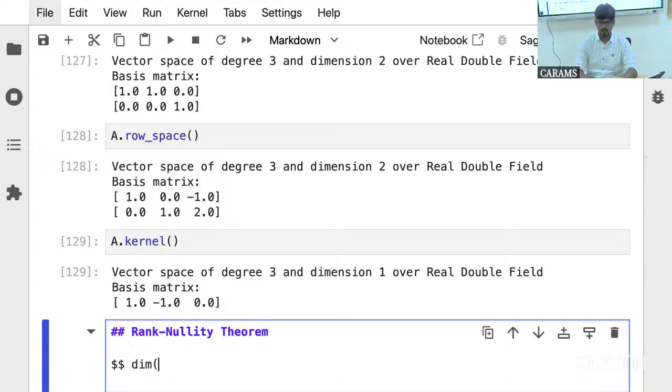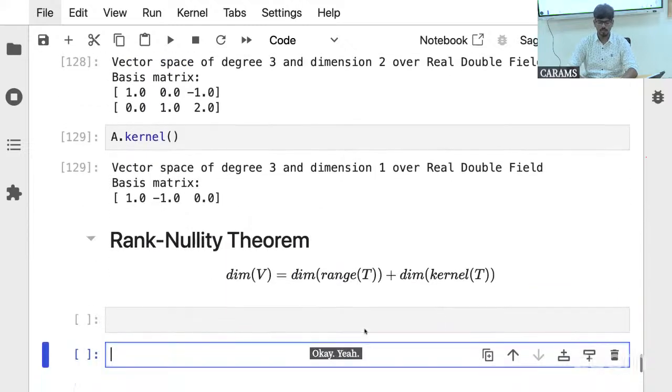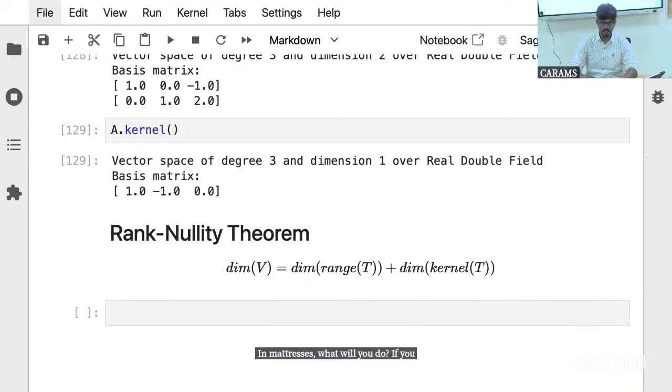The dimension of V is equal to the dimension of the range of T plus the dimension of the kernel of T, correct? Or what did you say? I think the nullity of T or whatever it is. Okay. In matrices, what will you do? I mean, if you have a matrix, what is the equivalent version of that?